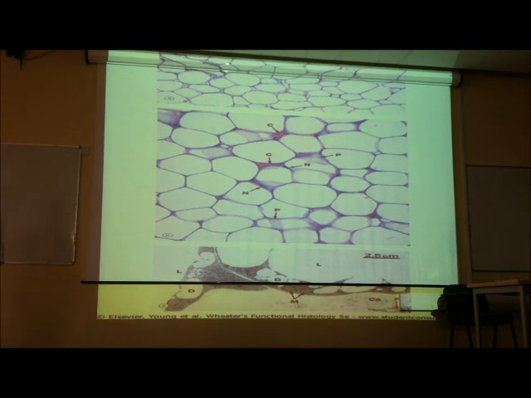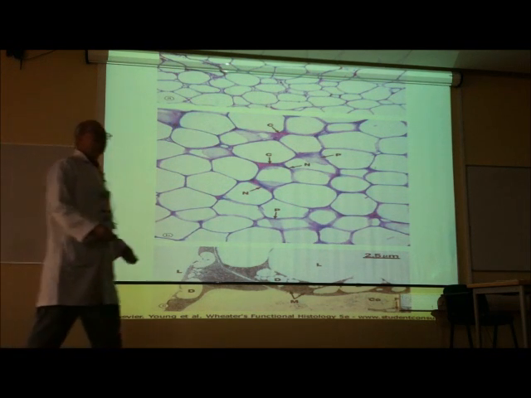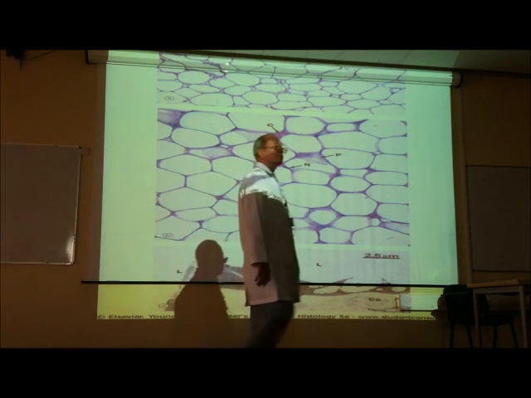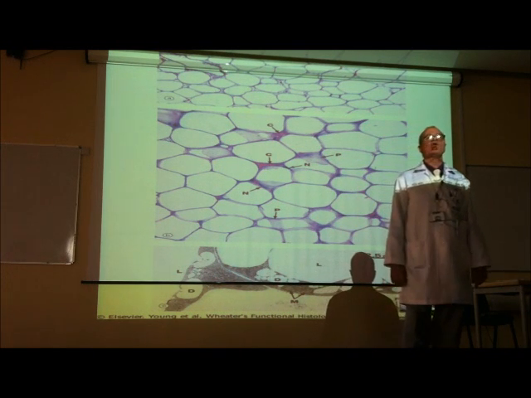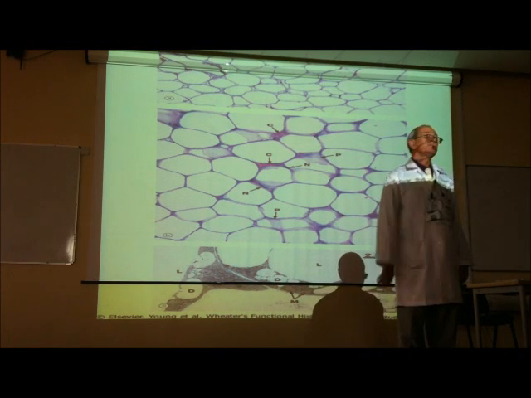Adipose tissue. Which type of adipose tissue? White adipose tissue. Why is it white adipose tissue? How many lipid granules in each cell? Single.